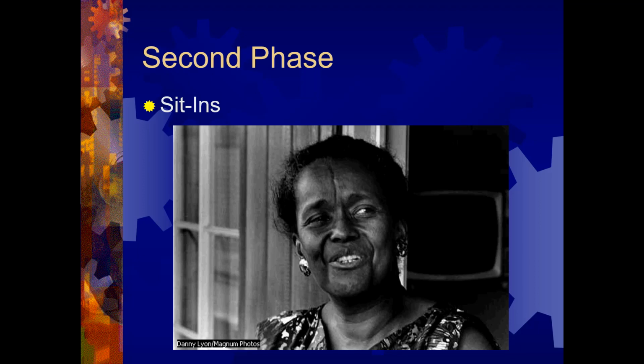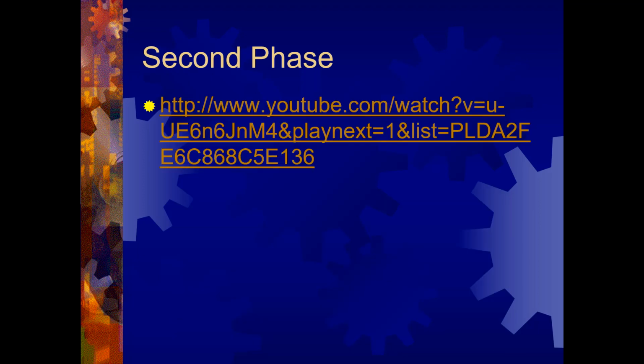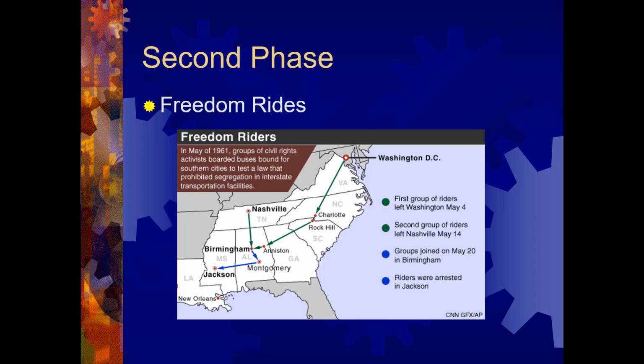One of the tactics that the students used, in addition to the sit-ins, were freedom rides. The freedom rides began in the spring of '61.